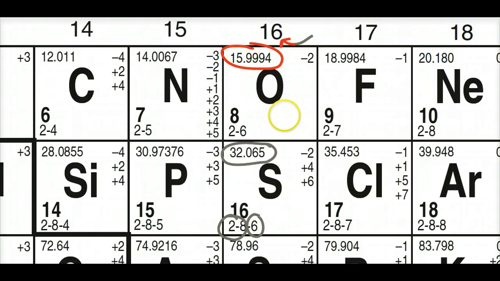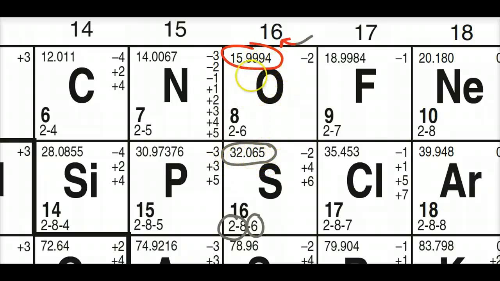Why do we have these weird decimal places? Because what we're doing is we're going to average all of the isotopes for every single element, but we're going to use their weights, their percentages that exist in nature, like the question shows you. So we're going to do a weighted average and consider their percentages. Now, you should know that the most abundant isotope for sulfur is 32. That's why the average comes close or is closest to the most abundant isotope.